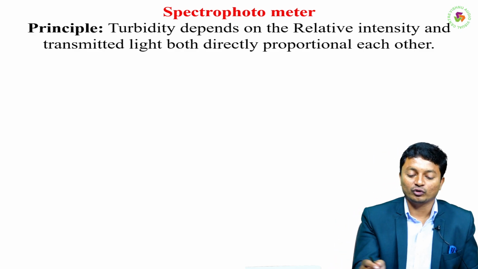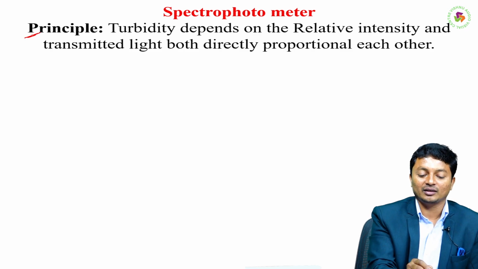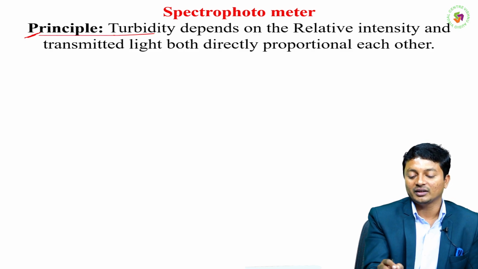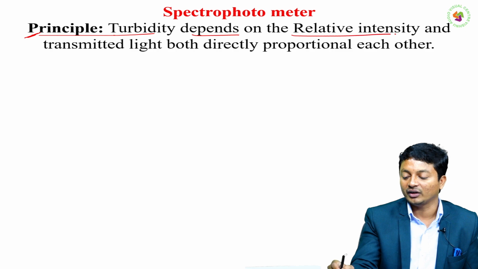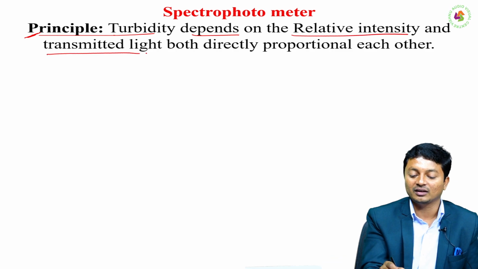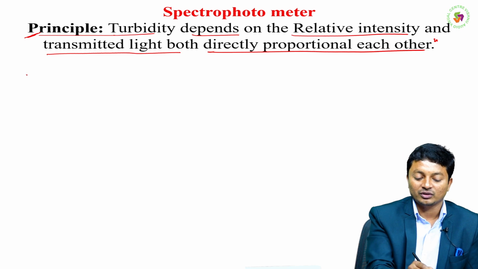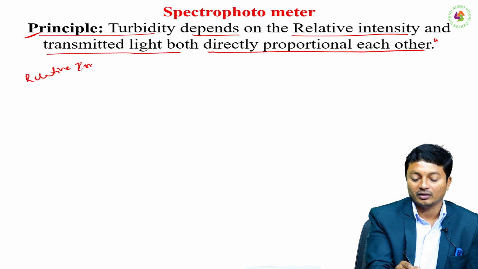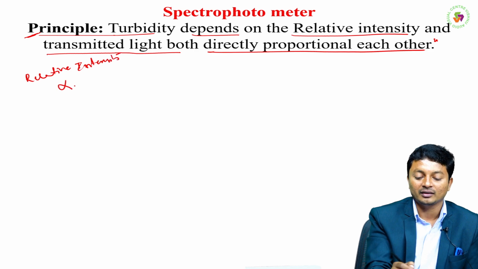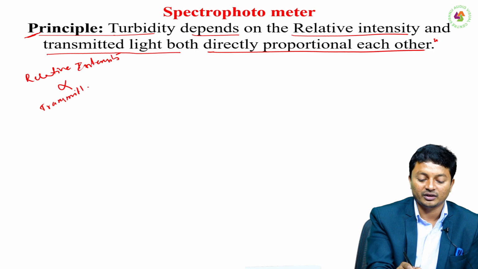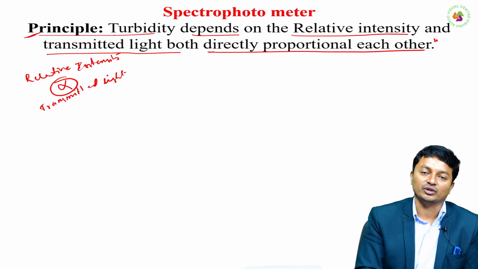And this spectrophotometer is based on the principle that turbidity depends on the relative intensity and transmitted light. Both are directly proportional to each other. So the relative intensity of light and the transmitted light are directly proportional to each other.